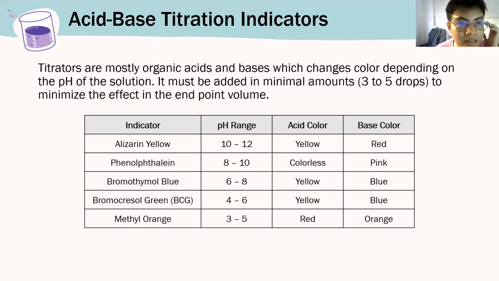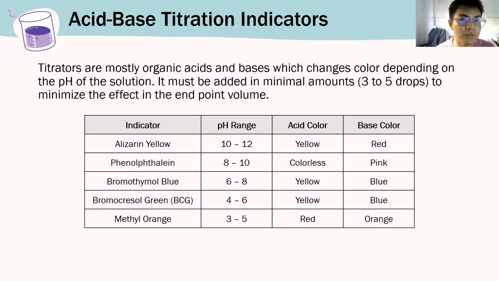So, in this last part, discuss natin how indicators are selected in titration processes. Important dito sa indicator yung endpoint ng iyong analyte. Kasi kunwari, strong acid, strong base titration or weak acid, strong base titration, pwede mo gamitin yung phenolphthalein.